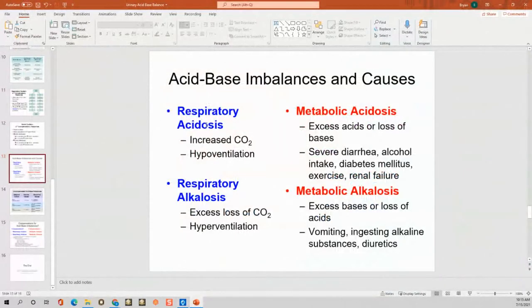So, respiratory acidosis. Respiratory acidosis is going to be caused if there's too much CO2. For whatever reason, if we have too much CO2 in the system, we're going to be entering acidosis because CO2 is going to be converted into carbonic acid. Yes, no, maybe so? The easiest way to get you guys to understand respiratory acidosis is hold your breath.